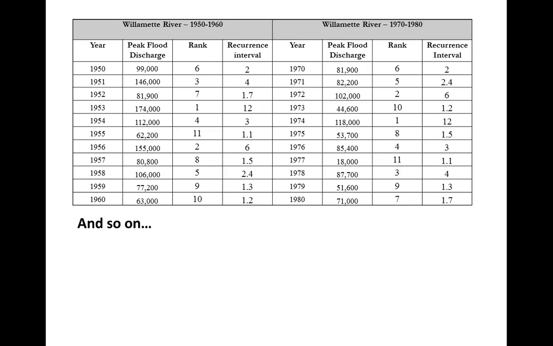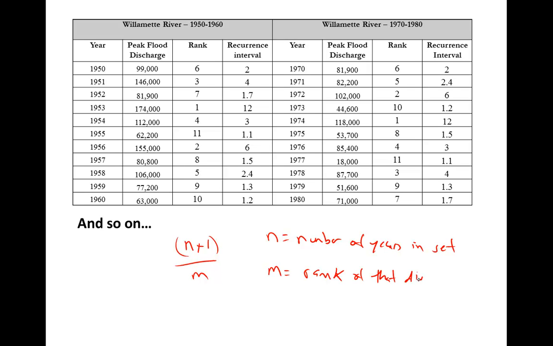Calculate recurrence interval for each rank using n plus 1 divided by m. N is the number of years of data, or the number of years in the data set, and m is the rank of that flood or discharge.